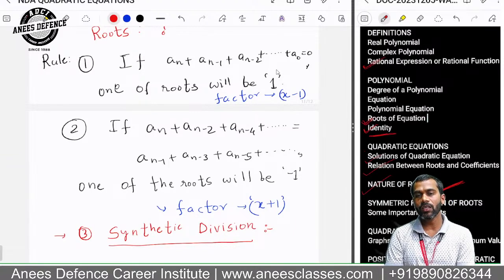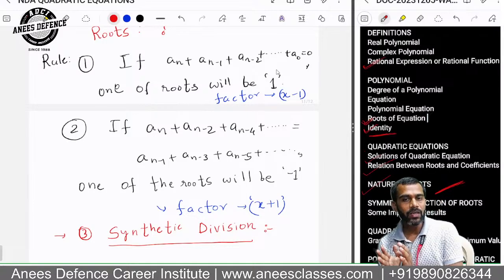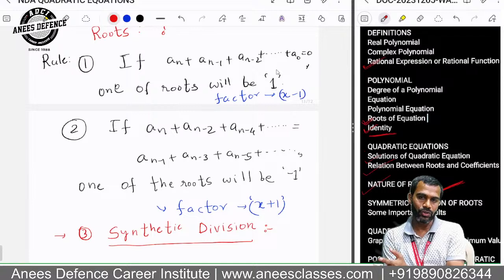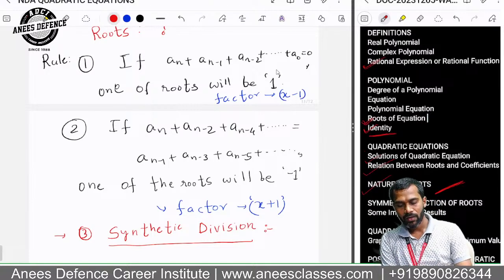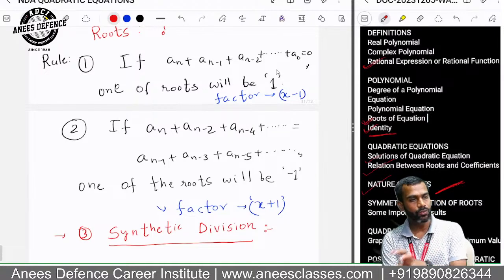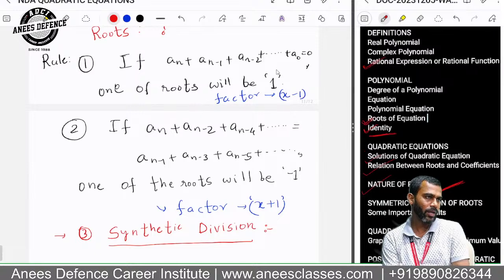Generally, in intermediate steps while solving other questions, you may take the help of rule number 1 and rule number 2. Every time they may not ask what the roots of this particular equation are. That becomes very easy.